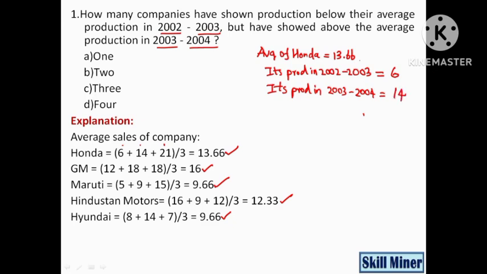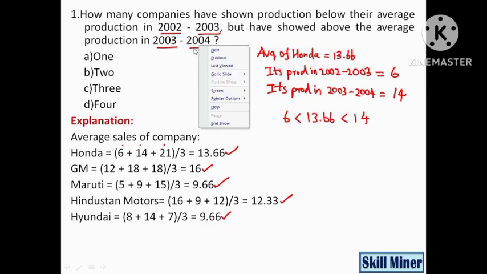So check with the question. 6 is less than the average, that is 13.66, and 14 is greater than the average. So as per the question, it has shown below its average production in 2002 to 2003 and above its average production in 2003 to 2004. So Honda is one of the answers.